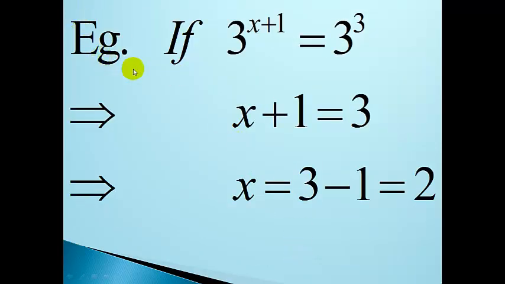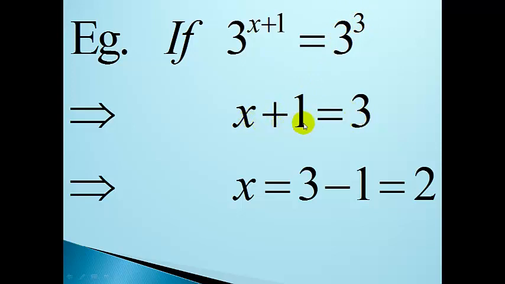Now, let's look at this problem. If 3 raised to the power x plus 1 is equal to 3 raised to the power 3. Now, we can see that the left hand side and the right hand side both have the same base, and therefore quickly we can equate the exponents. The exponent on the left hand side is x plus 1, and the exponent on the right hand side is 3. And so, x plus 1 on the left hand side is equal to 3 on the right hand side.